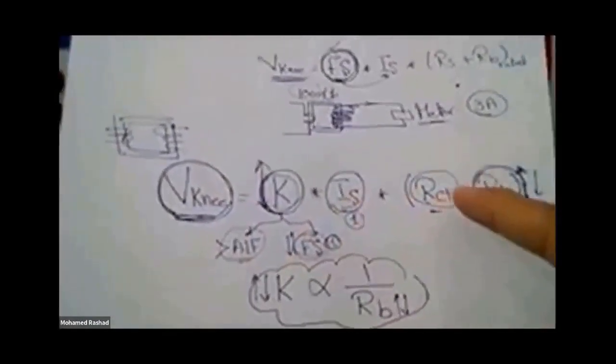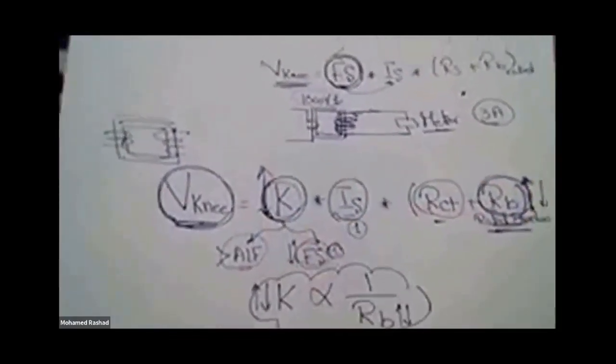So this fixed value is a specific number, and the secondary is, for example, 1 ampere, and the RCT is constant and won't change. We said there is an inverse relationship between the accuracy factor or safety factor and the burden.